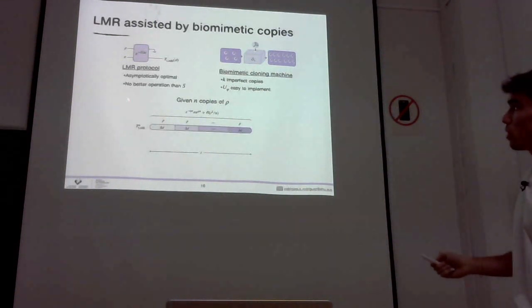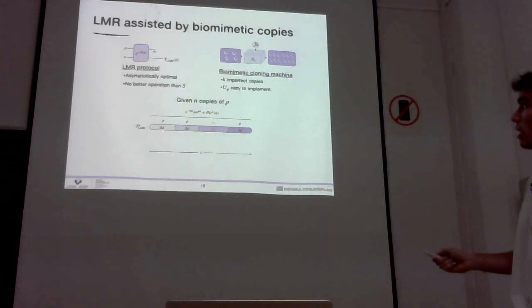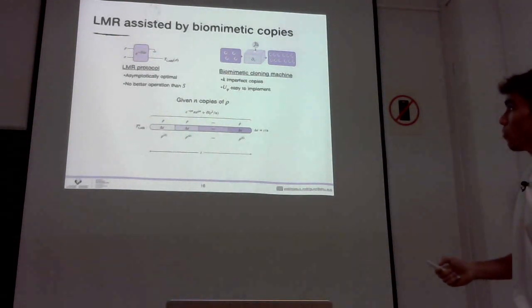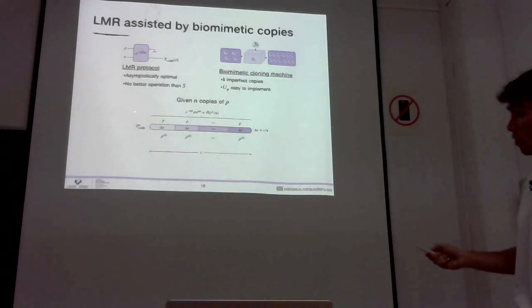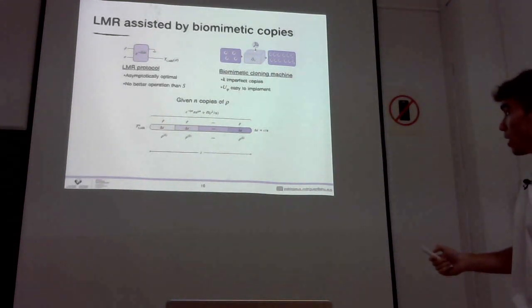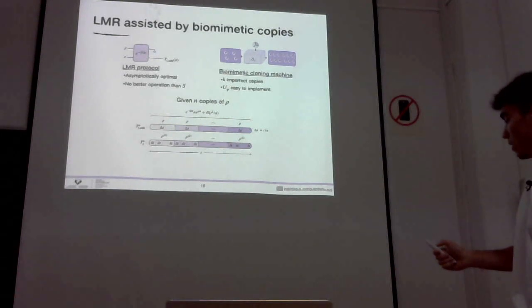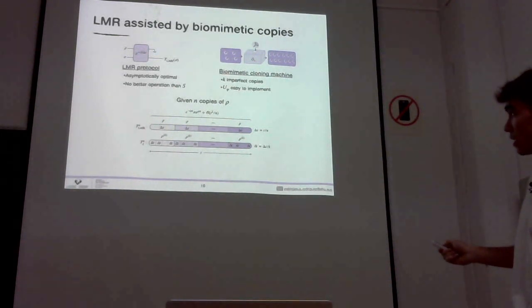What we were doing with the LMR is having these n copies, and splitting the time interval into n intervals of time delta t. But now, from each original copy of rho, we will create chi biomimetic ones, and we will split these time intervals so that this delta t will be this capital Delta t divided by this k.